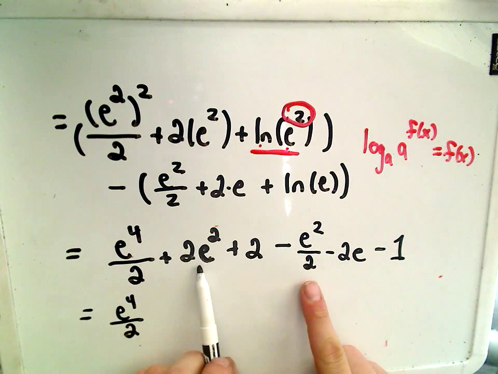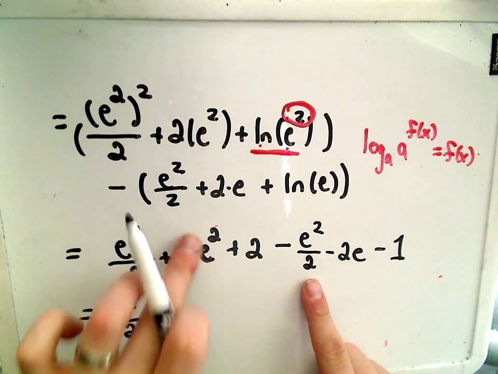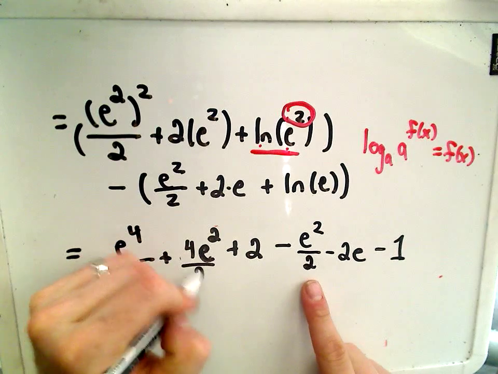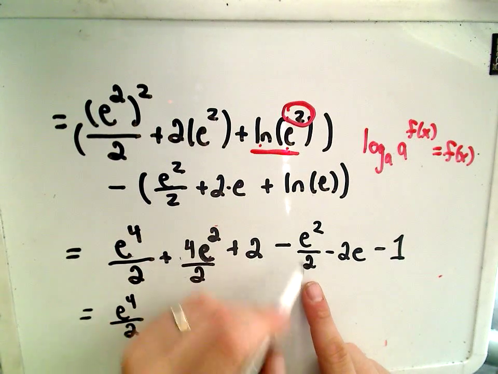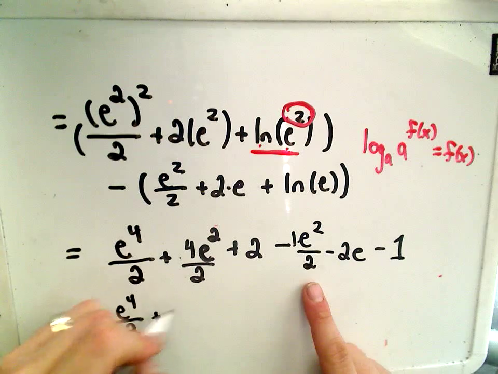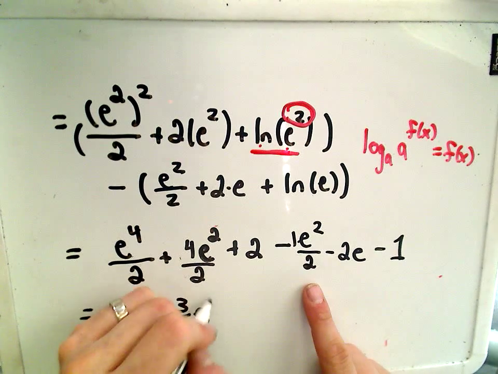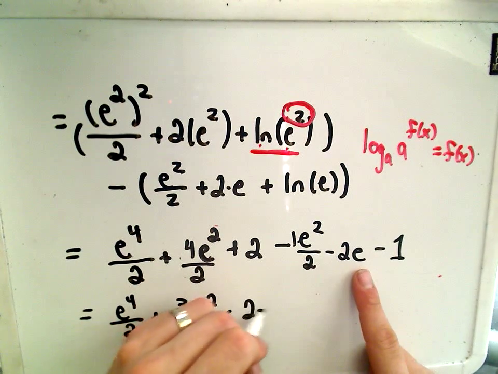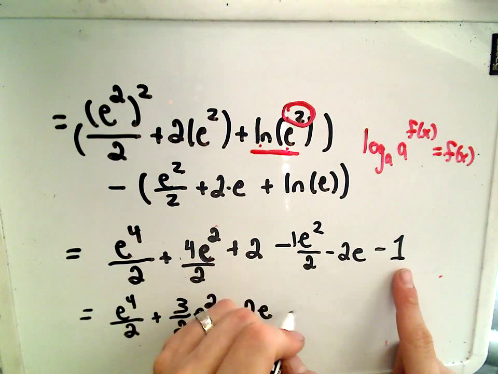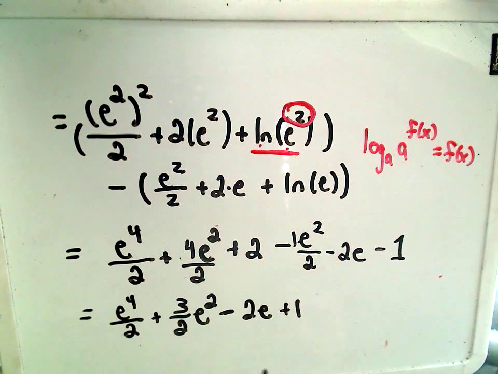I have 2e squared minus e squared over 2. We can get common denominators by making that 4 halves. 4 halves minus 1 half is going to give us a positive 3 halves e squared, there's a minus 2e hanging out, plus 2 minus 1 will give us positive 1. Okay, so to me that looks like that would be our answer.